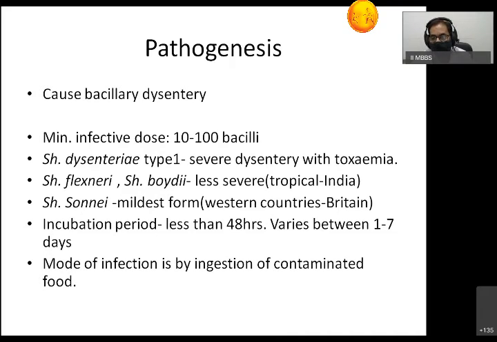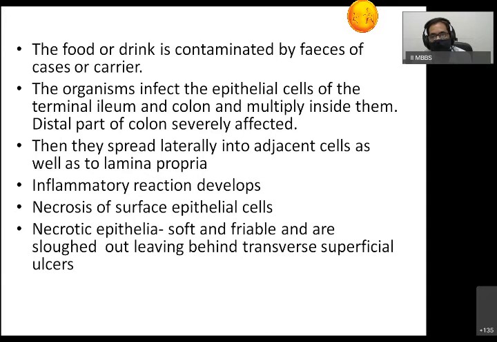The incubation period is less than 48 hours, but it can vary between 1 to 7 days. The mode of infection is ingestion of contaminated food or drink, contaminated by feces of a case or a carrier. The organism infects the epithelial cells of the terminal ileum and colon and multiplies inside them. The distal part of the colon is severely affected.